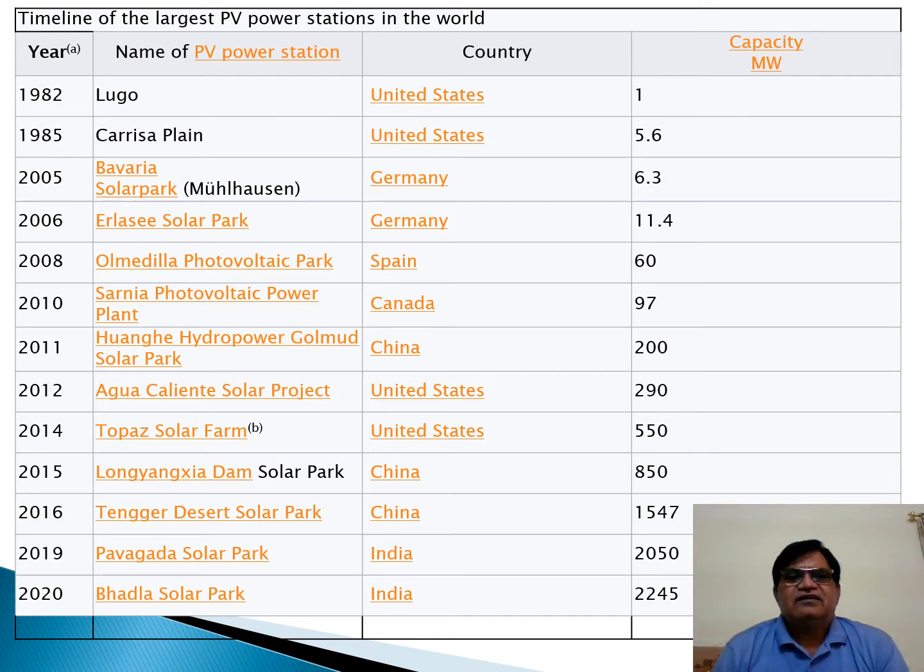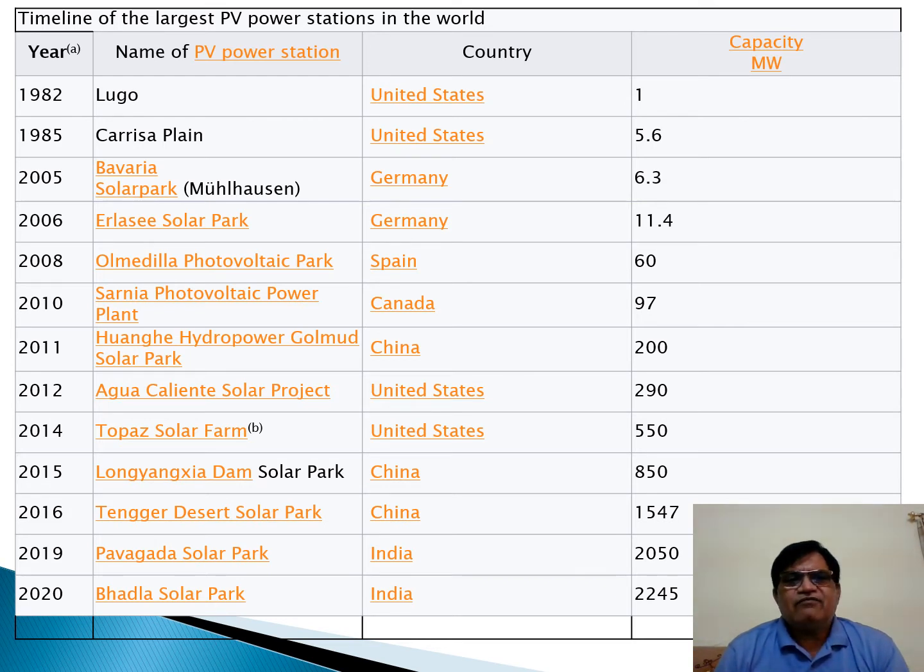After that, Germany became the leader up to 2006, 11.4 megawatt capacity. Then you can see Spain, again a jump within 2 years from 11.4 megawatt to 60 megawatt. Then again in 2 years from 60 to 97 megawatt.